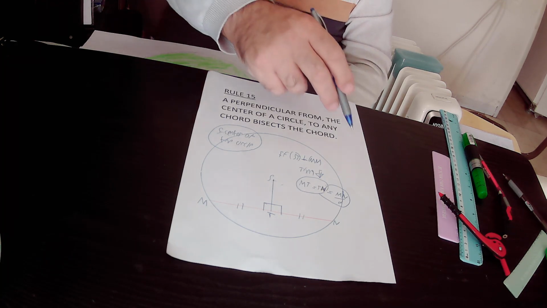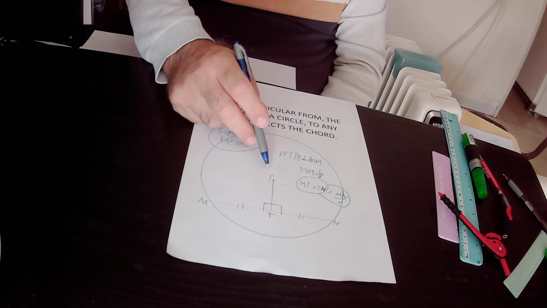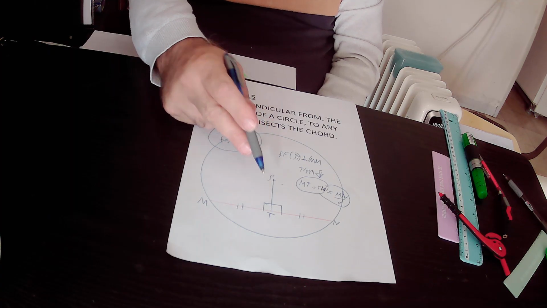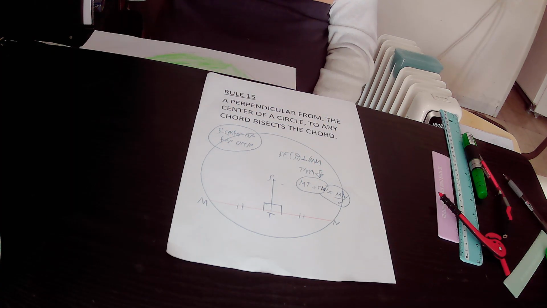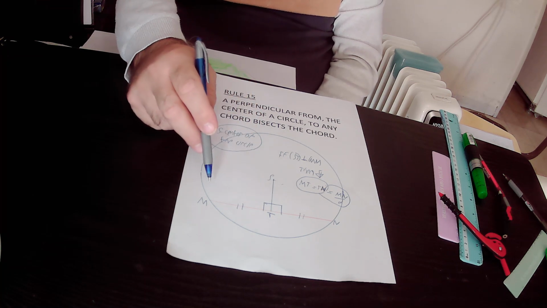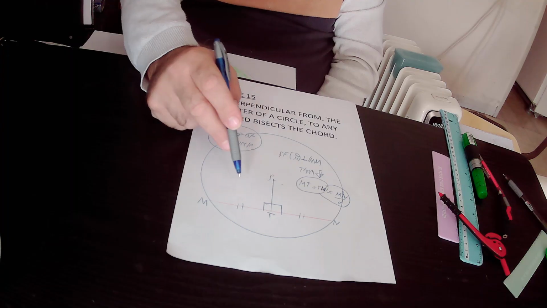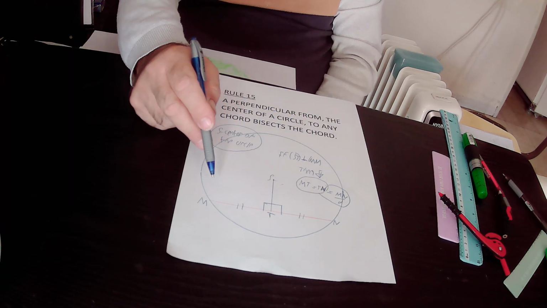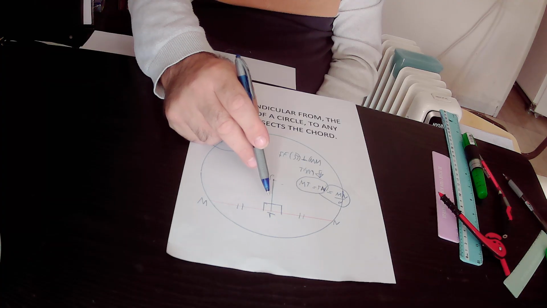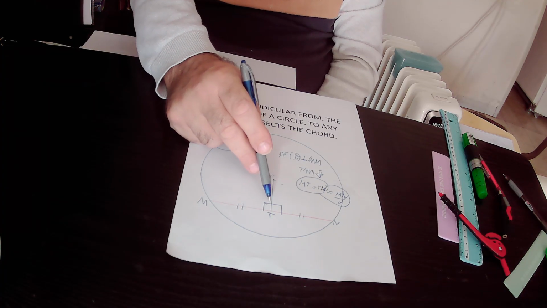In the drawing, we have a circle. This is point S, that is the center of this circle. From the center of this circle, that is to say from point S, we have perpendicular ST on chord MN. And according to rule 15, perpendicular ST bisects chord MN. If ST bisects chord MN, it means that the first half of MN is MT. It is definitely equal to the second half of MN, that is TN.